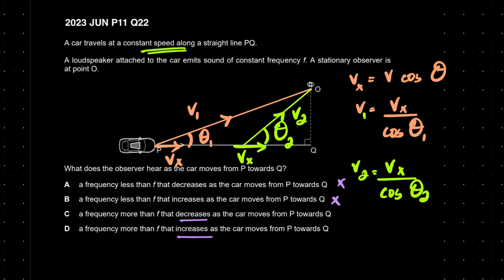And if theta goes up, cos theta goes down. So if cos theta goes down, the frequency really increases.